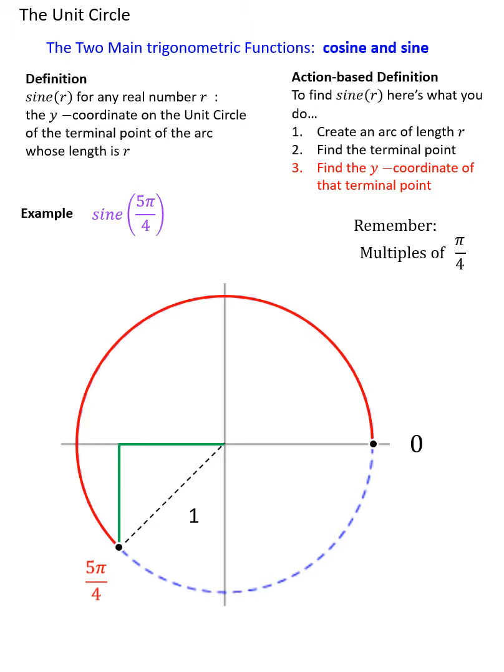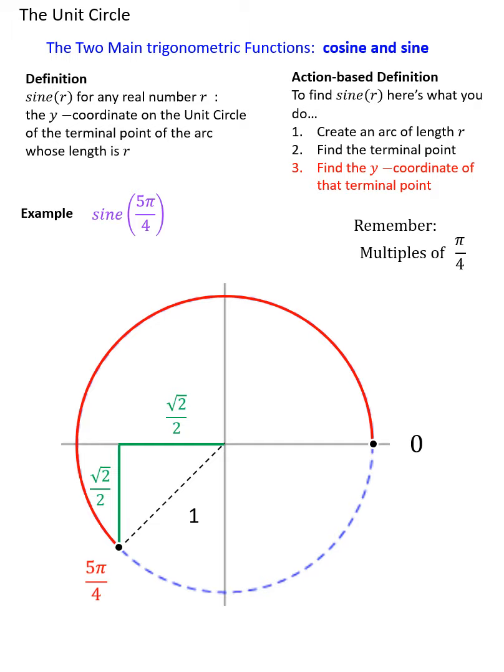Or to restate that, we concluded in our previous video that whenever our terminal point corresponded to an arc whose length was a multiple of pi over 4, the lengths of the two legs were both radical 2 over 2. And if you want to see a full derivation of why that is, take a look at the last video. It goes into a good amount of depth to explain that.